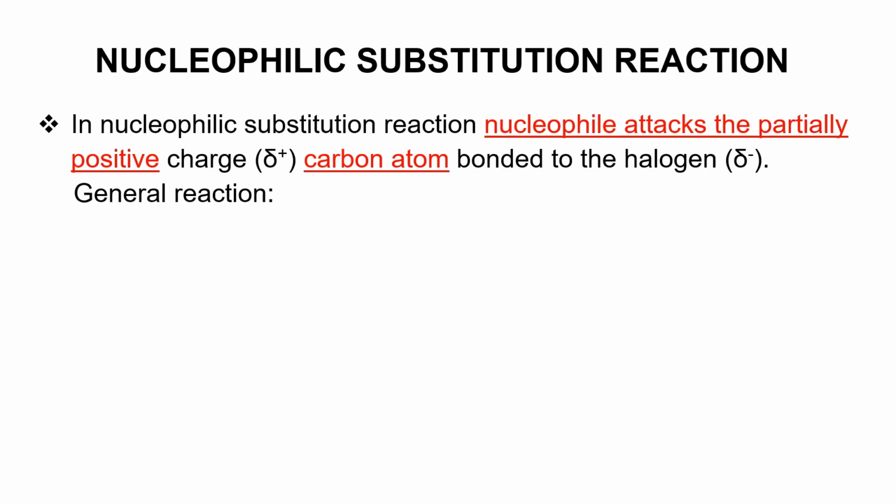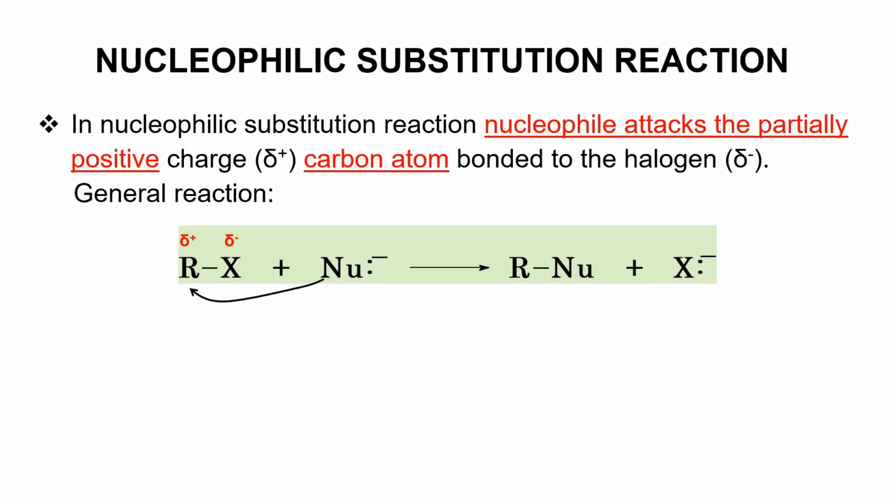In nucleophilic substitution reaction, an electron-rich species, that is a nucleophile, attacks the partially positive carbon atom that is bonded to the halogen with partially negative charge. So here are the general reactions of nucleophilic substitution reaction.